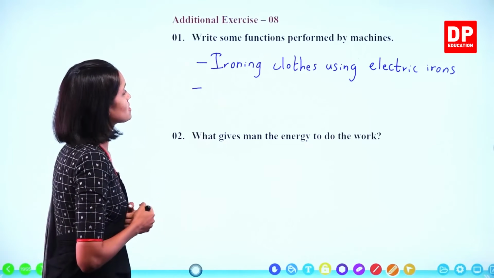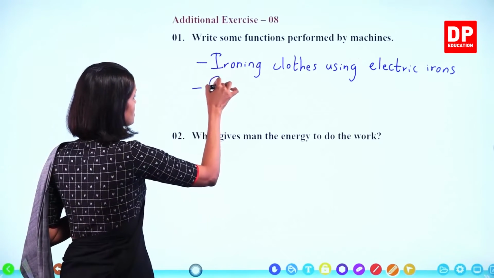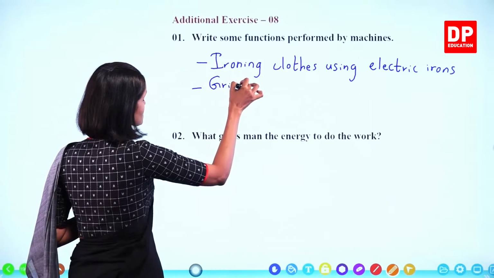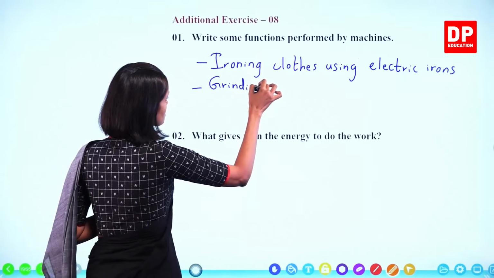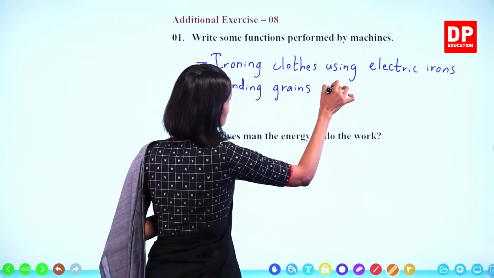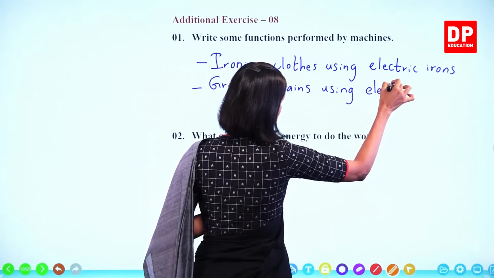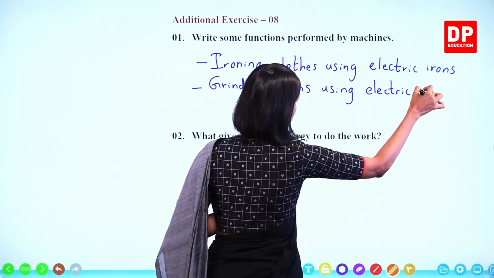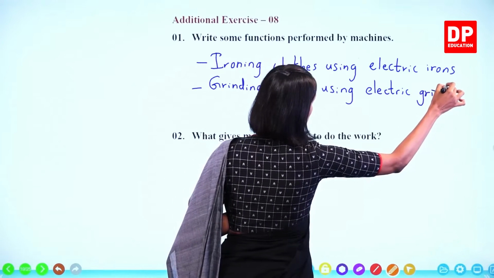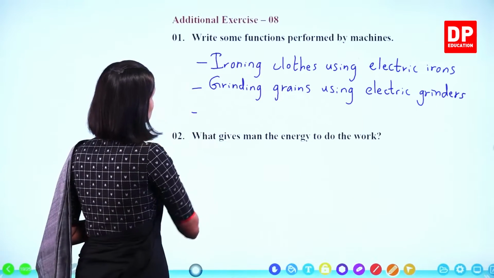We can use machines to grind grains, right? Grinding grains using electric grinders. What else? What are the other machines we use?